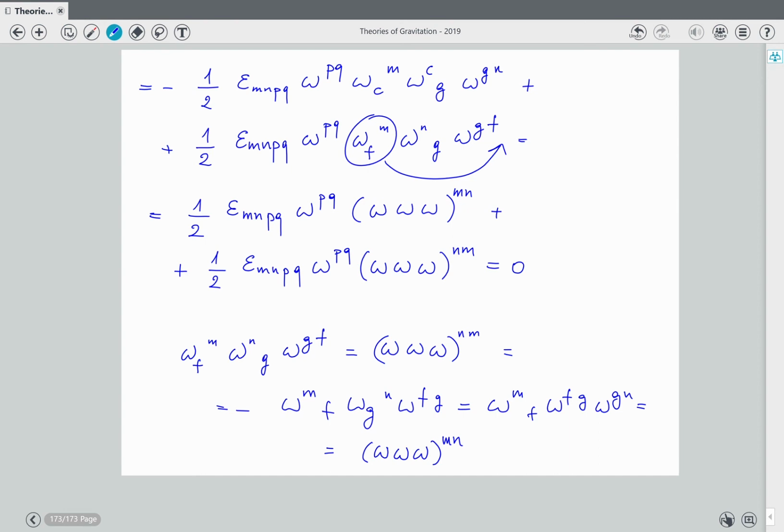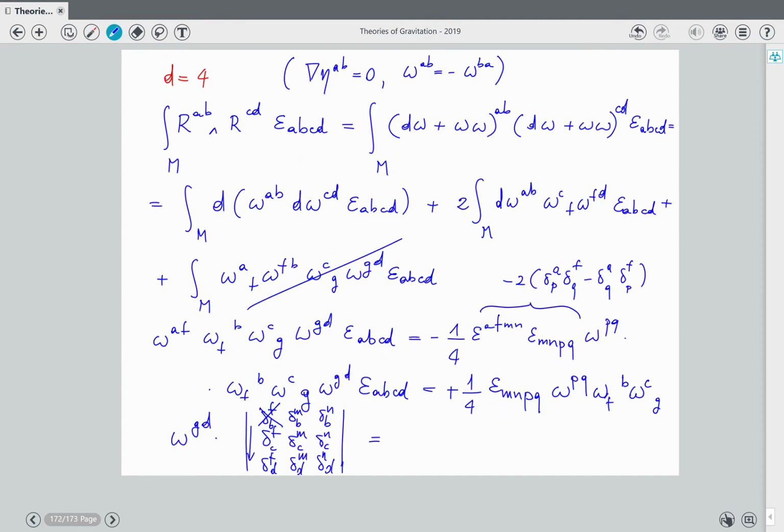It's a cube of an antisymmetric matrix that's also a form, and any time you exchange those two, you get minus signs. So in the end, you get a symmetric matrix. And because it is symmetric, that kills the contribution. So we can stop here for today. The remaining term we will show next time.